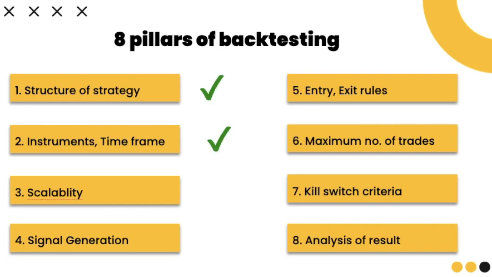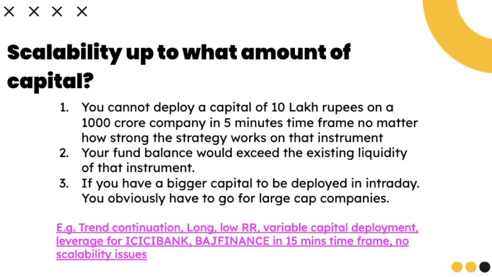Since we have finished instruments and time, the second pillar of backtesting, now let's come to scalability. You cannot deploy a huge capital on a small micro cap stock. Why? Because let us say you are trading on a 15 minute time frame. In 15 minutes, the liquidity would be so low, by which I mean, let us say in 15 minutes you have 6,800 shares.